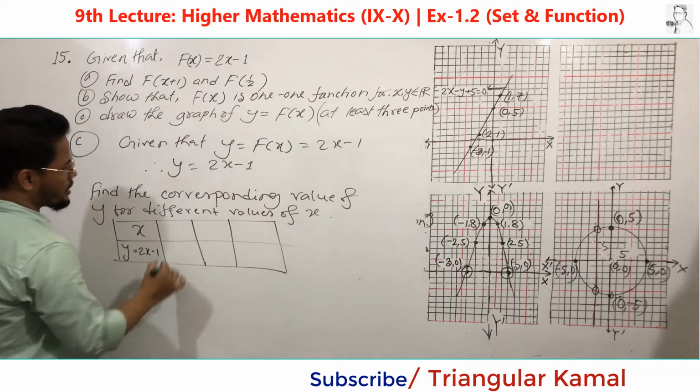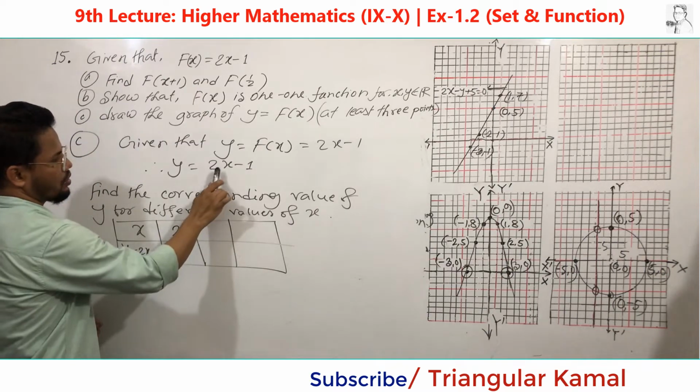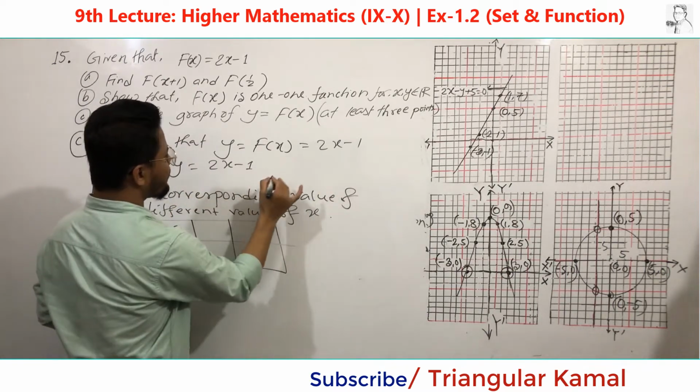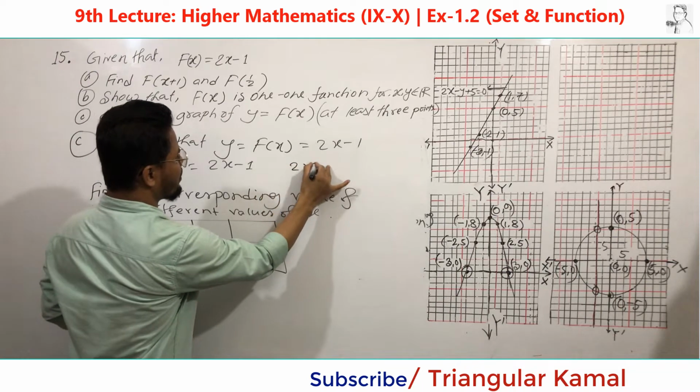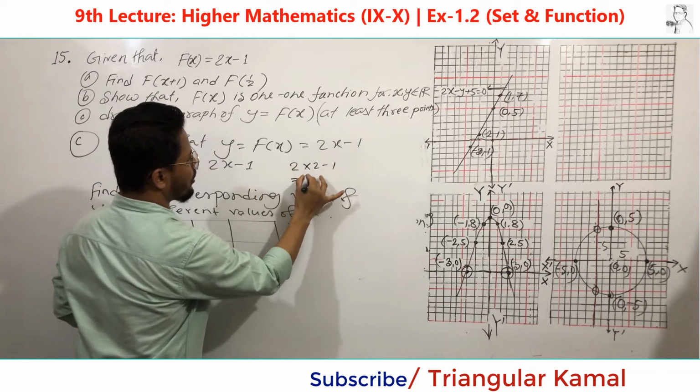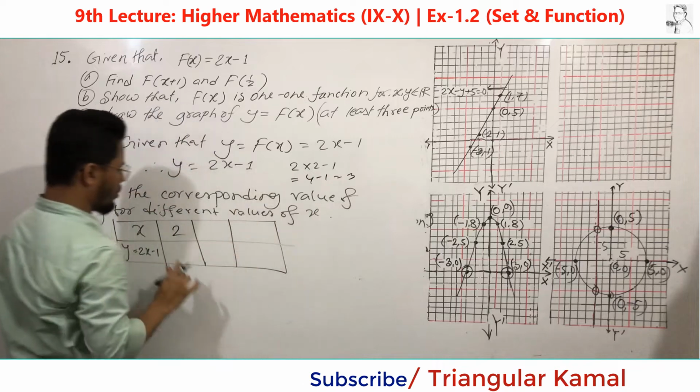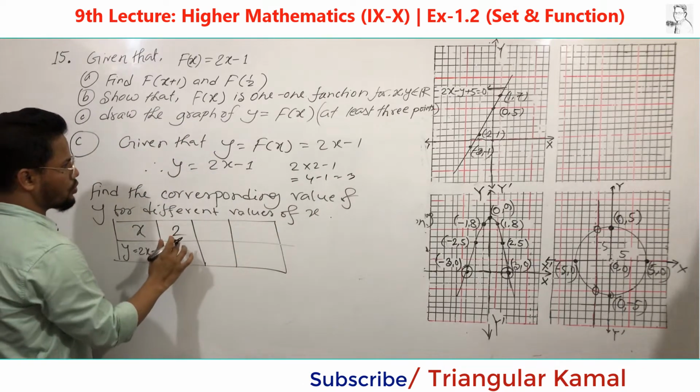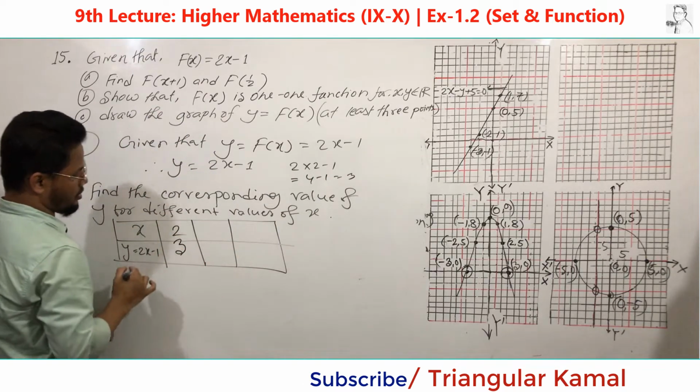So considering x equal 2, we will get y equals 2 multiplied by 2 minus 1, equals 4 minus 1, equals 3. When x equals 2, y will be 3.